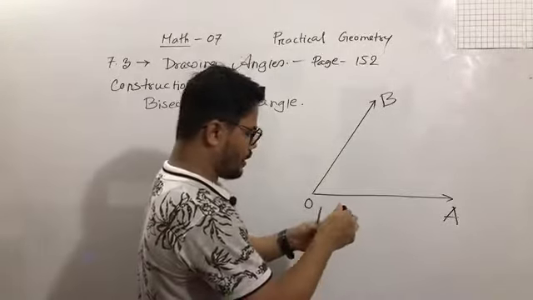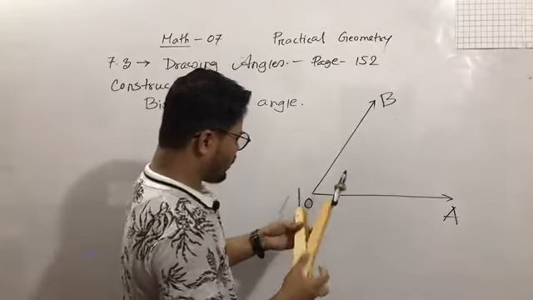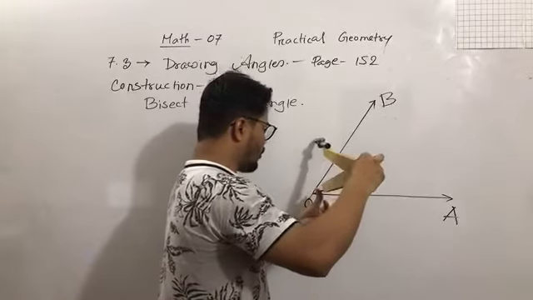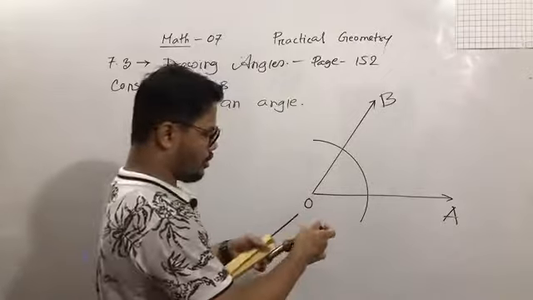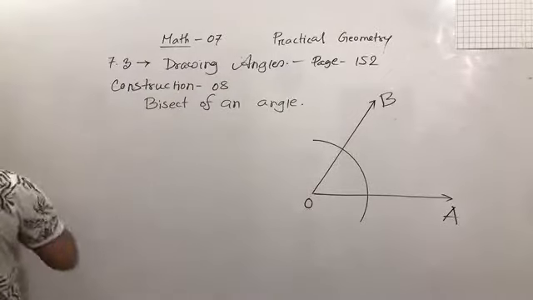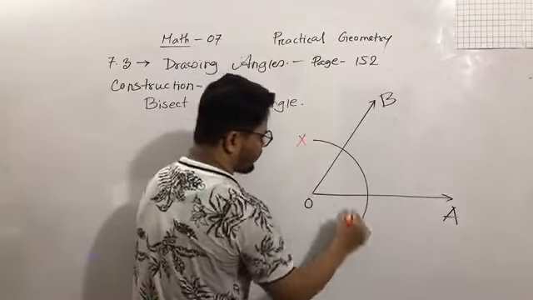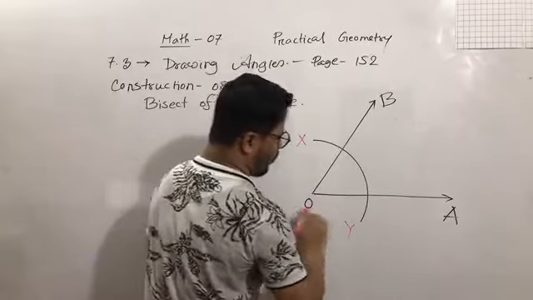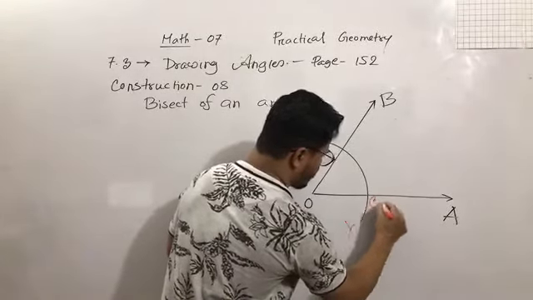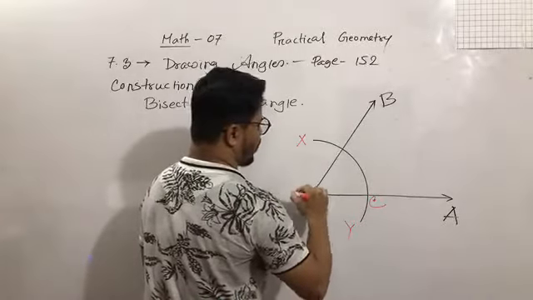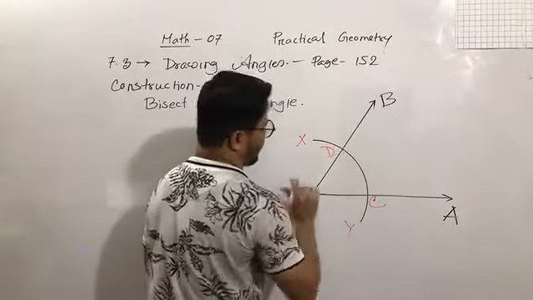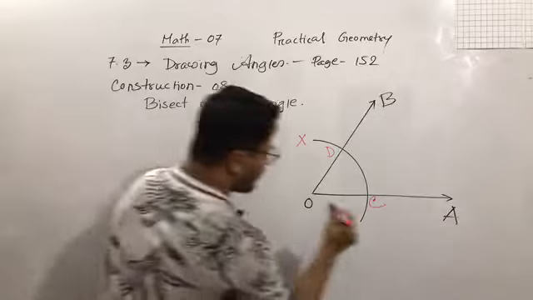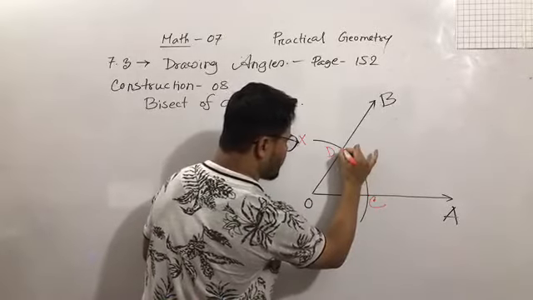First step, placing the pointer at O, draw an arc on OA and OB, and this arc is X and Y, which intersects OA at the point C and OB at the point D. This point is C, this point is D.